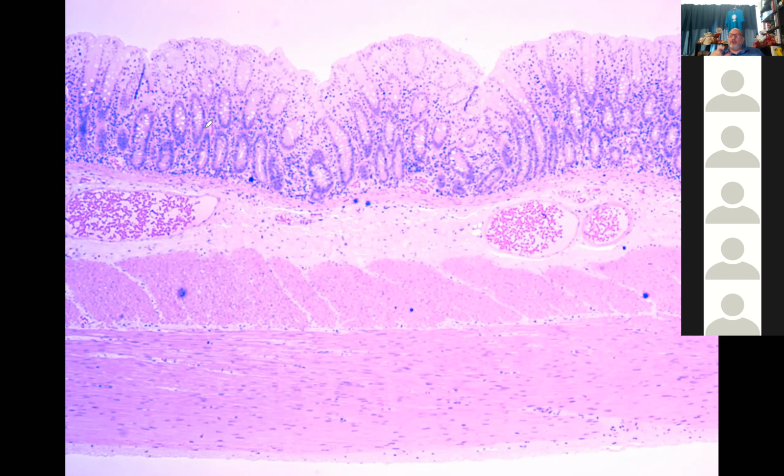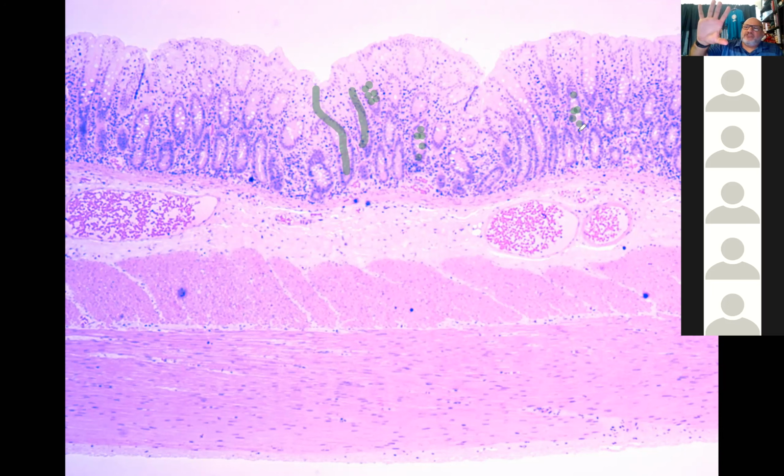I made a point of starting with the muscularis externa layer because if I look up here at the mucosa, notice I don't see villi, so I know I'm not in the small intestine, but I do see some fairly large glands. And these fairly large glands have a lot of goblet cells in them. Notice it is somewhat similar to the anatomy that we saw in the pyloric region of the stomach.